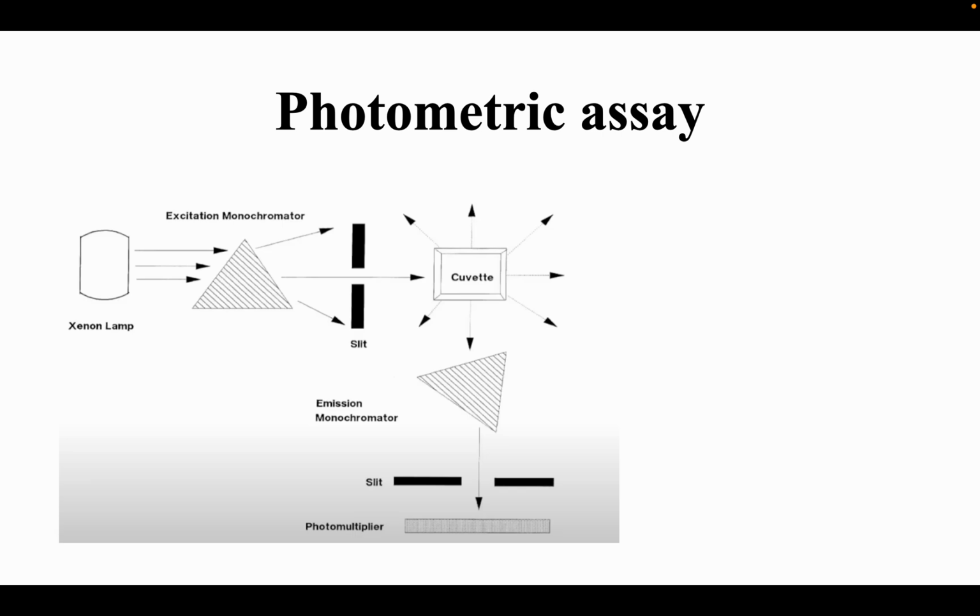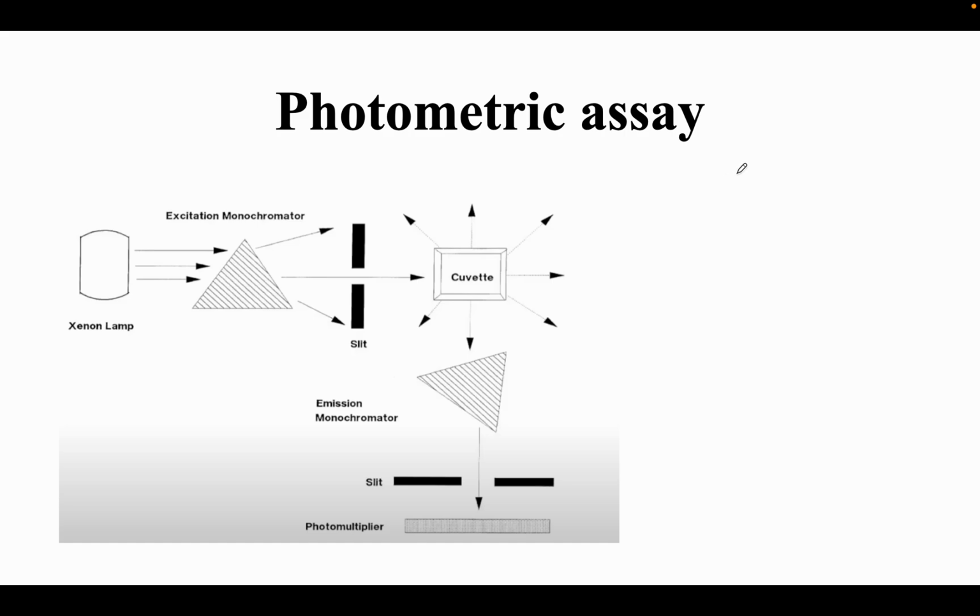So coming back to the photometric assay, we have a xenon lamp here. This photometric assay is nothing but measuring the fluorescence. So what is this fluorescence?